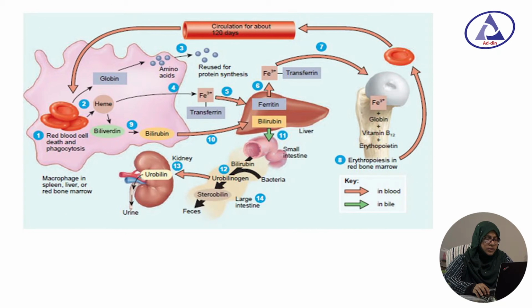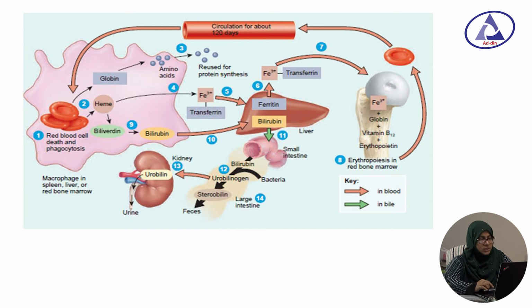This figure shows that after 120 days circulating RBC enters into the reticular system, mainly the spleen. In the spleen, you can see in this figure numbers 1, 2, 3. This shows that RBC lysis occurs, then the heme and globin portions are separated.